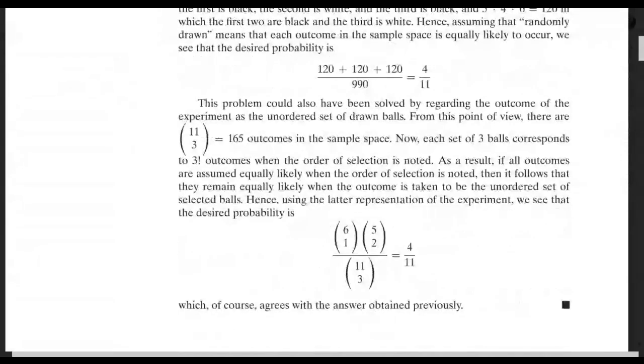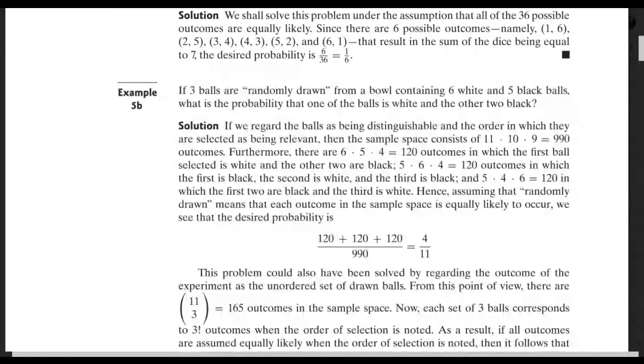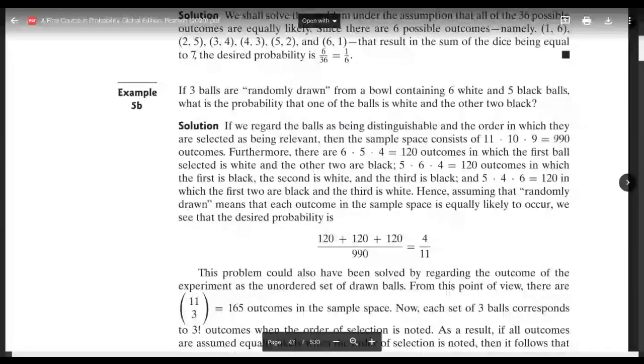So let's see the solution. The solution is quite long. When we draw 3 balls from the 11, if we regard the balls as distinguishable and the order in which they are selected as relevant, then the sample space consists of 11 times 10 times 9, 990 outcomes.